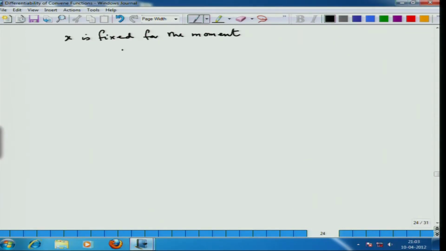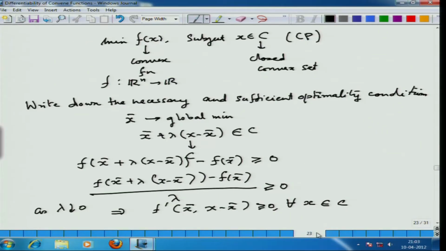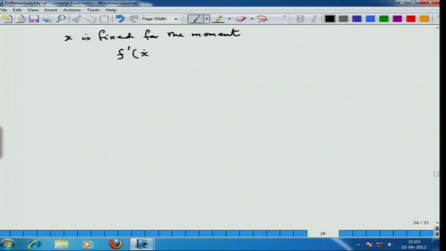So, I can write that f dash of, now I will use that formula which I wrote as an important formula, f dash x bar at x minus x bar is equal to max of.